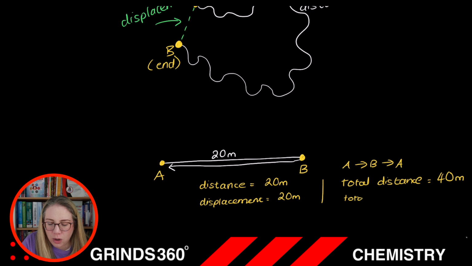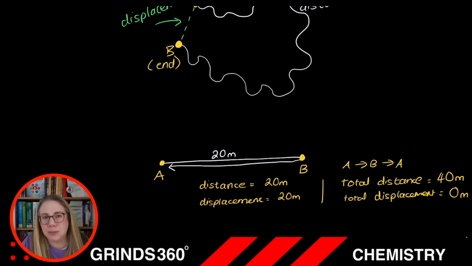But now look at the total displacement. If they are standing back at A, how far are they from where they started? They're back where they started, so their displacement is 0. And that's where distance and displacement are not quite the same thing. Displacement is always looking at how far you are from where you started moving.